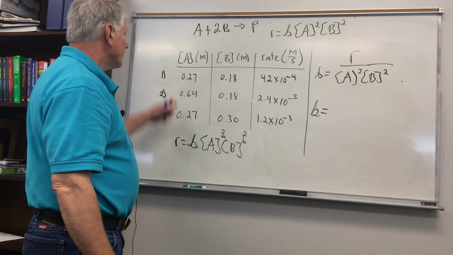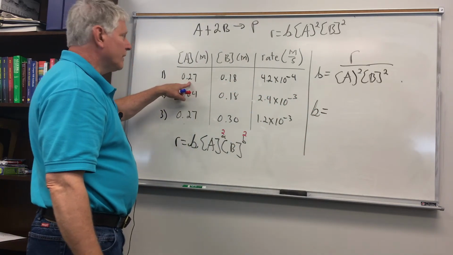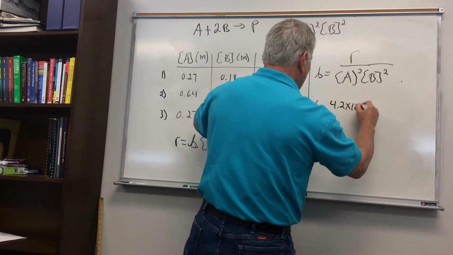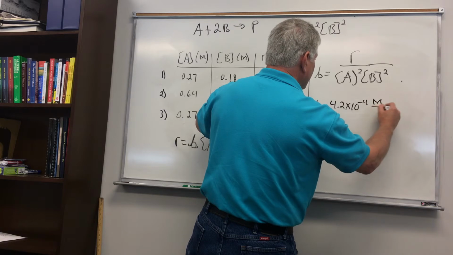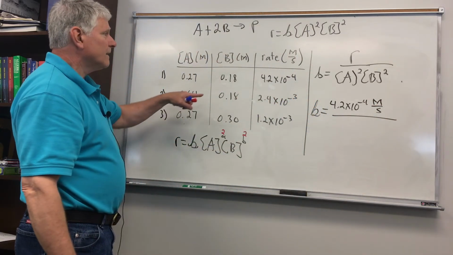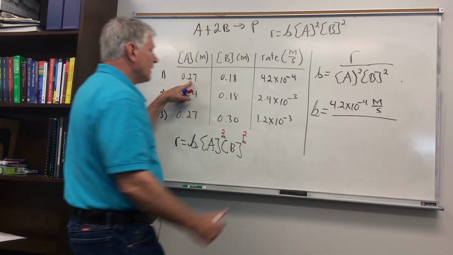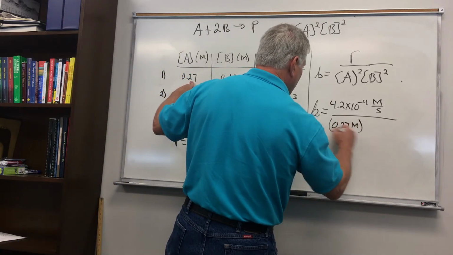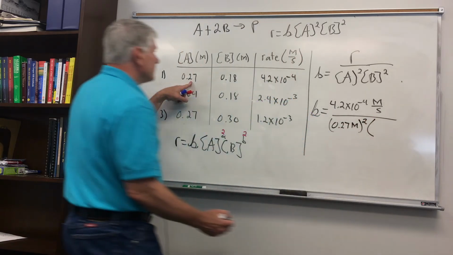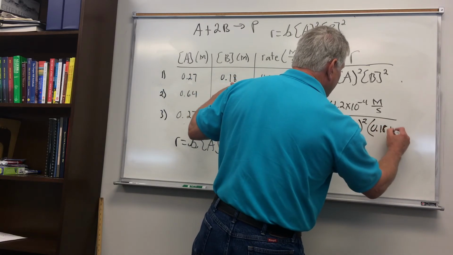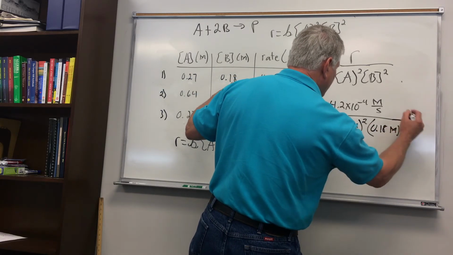So I'll just pick one of these. I'll just pick experiment number 1. So I have the rate. Now my units aren't going to cancel, so I'll write my units. And then the concentration of A squared, 0.27 molar squared, and the concentration of B squared, 0.18 molar squared.